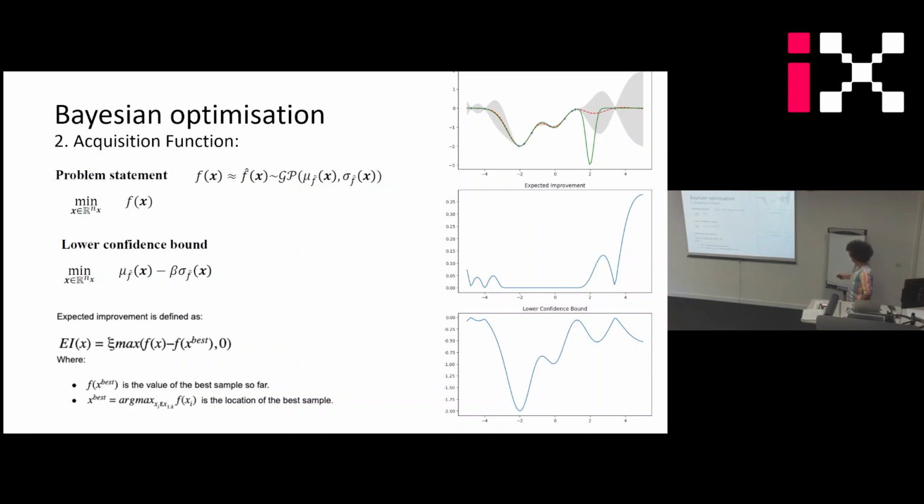You compute your acquisition function on your space, and then you take the maximum or the minimum, depending on how you defined it, and you evaluate your function at that point again.